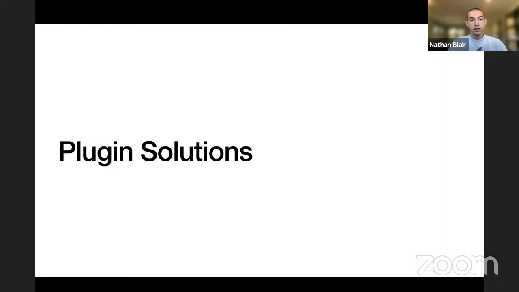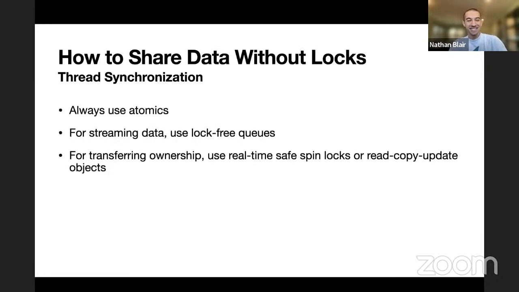Normally I'd ask for questions here, but I'm going to just go on ahead. So okay, we can't use locks. How do we share data in our plugin without locks? Basically the solution is what's called an atomic object. You can use the standard atomic object from C++.